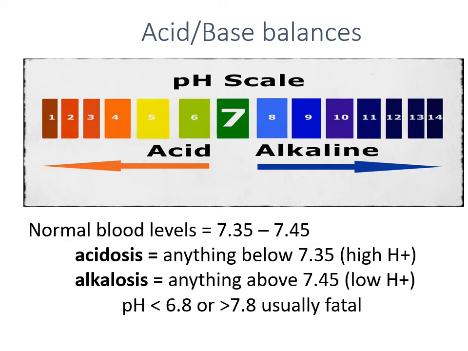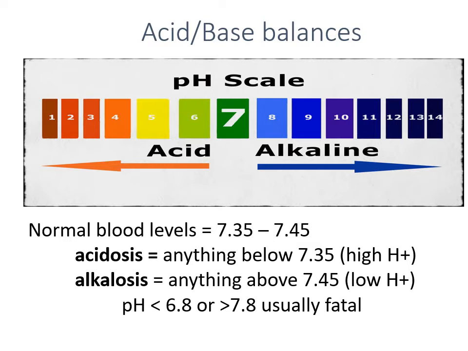So if you were to get sick or something goes wrong in the body, say you get a pneumonia, you typically become acidotic. It's not common to become alkalotic. We'll refer to a couple of conditions, but it's acidosis that we get really concerned about. So let's just say that anything below 7.35 is acidosis, and anything above 7.45 on the pH scale is alkalosis.